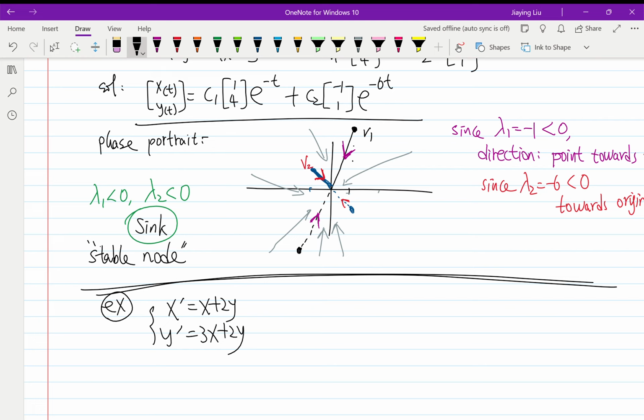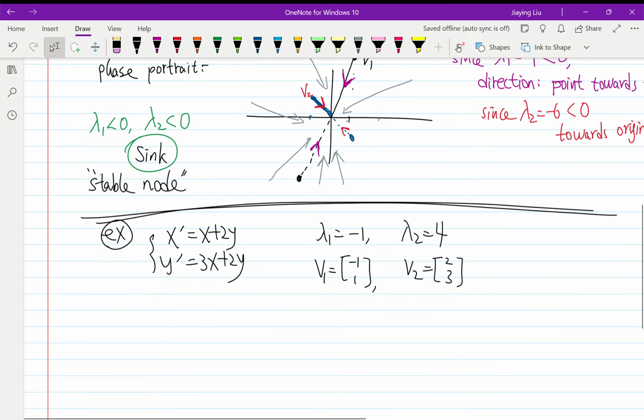And if we were to solve this fully, we get lambda 1 equals negative 1, lambda 2 equals positive 4, V1 is going to be negative 1, 1, V2 is going to be 2, 3. And I'm not going to write down the solution because at this point, if we want to write down the solution, we could just put it into the formula. But let's look at the phase portrait of the solution.